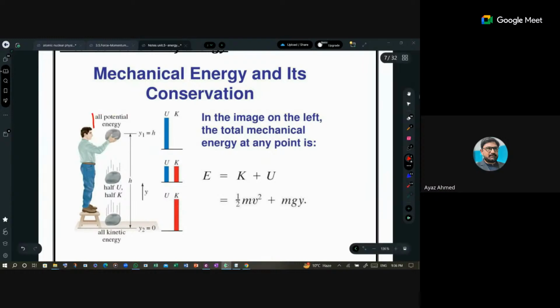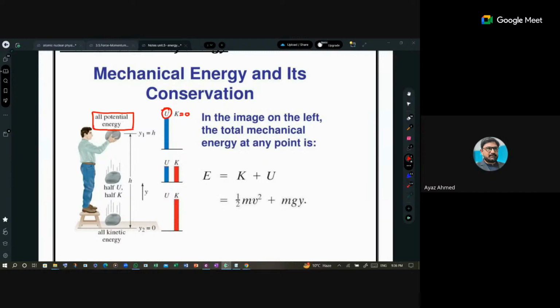At this position, the stone is at rest. So all of its energy is potential energy here. Kinetic energy is equal to zero, so no red line. But at this position, the stone has some height halfway, as well as it is moving down. So the potential energy which is being lost, this blue line, is decreasing and the red line is increasing.